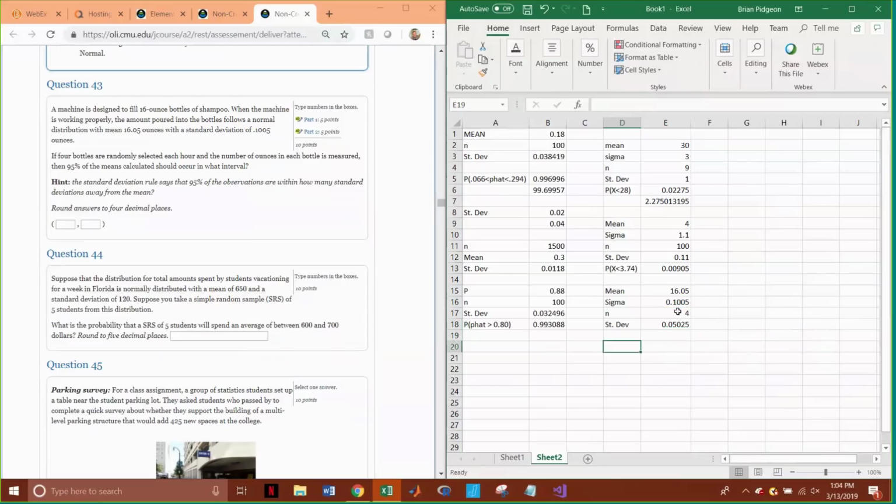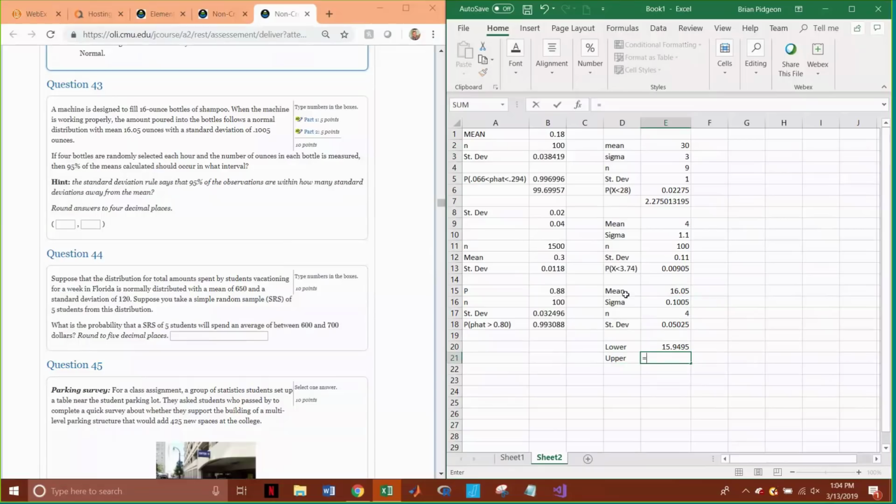And then what the standard deviation rule tells us is that 95% of our observations are within 2 standard deviations from the mean. So we're going to calculate a lower and an upper bound with this. So we're going to do the mean minus 2 standard deviations. Just notice how I'm doing the mean minus 2 times the standard deviation, and we get 15.9495.